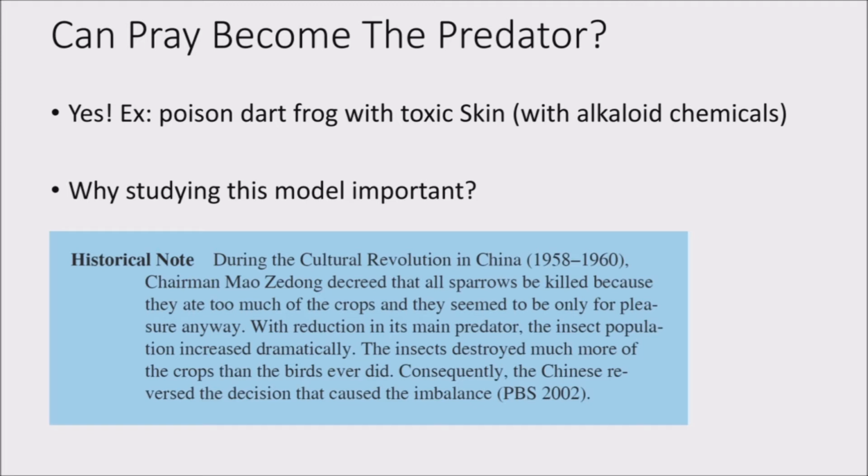If you take off one part, that causes a problem to the other. The example is given by the historical notes here, the revolution time in China. What happened is, well, Mao was the one in control by then, and they look at what's going on. They ran out of food and everything.